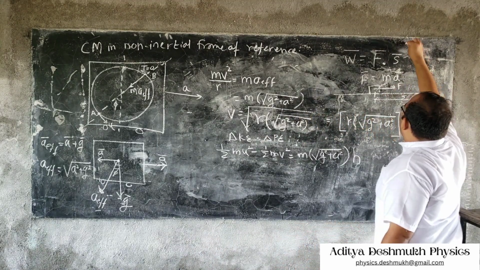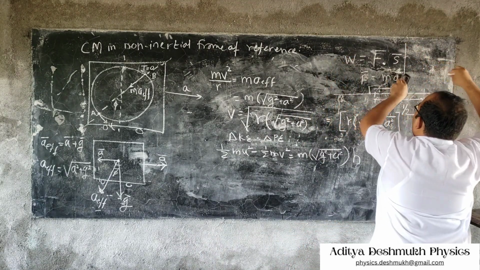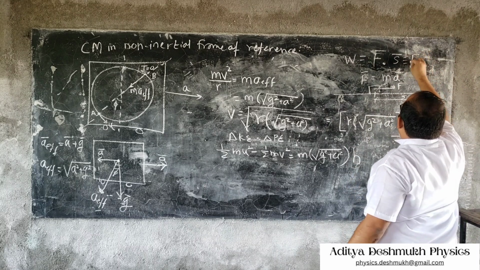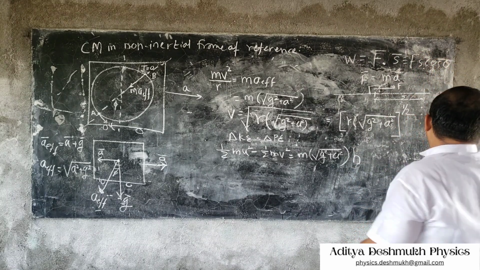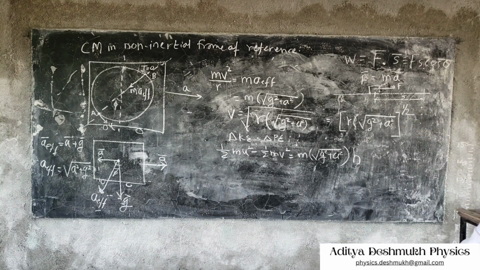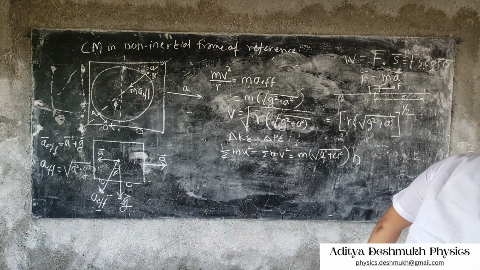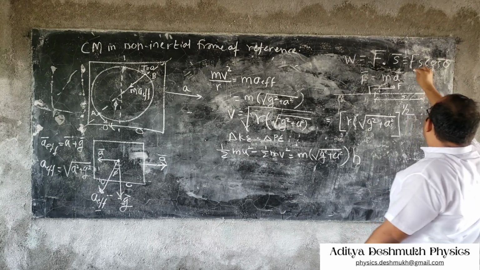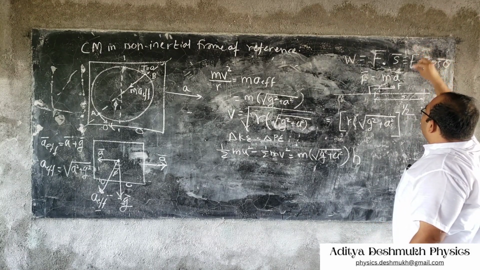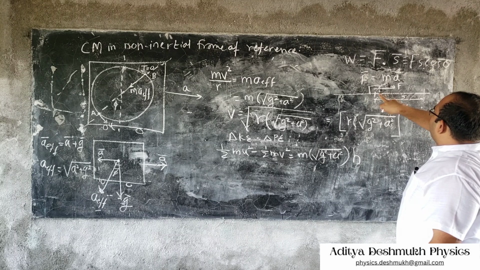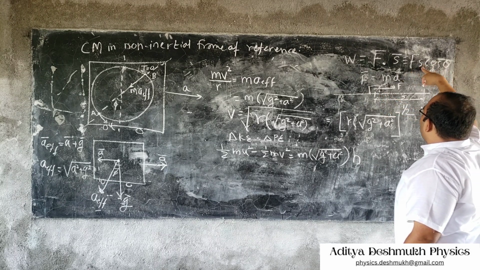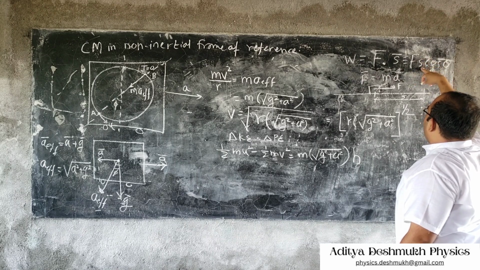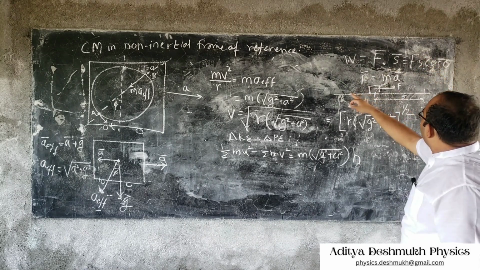work is actually a scalar value, sorry, this will be F s cos theta. Cos 0 is 1, and if this is along the same direction, it will be only F s.